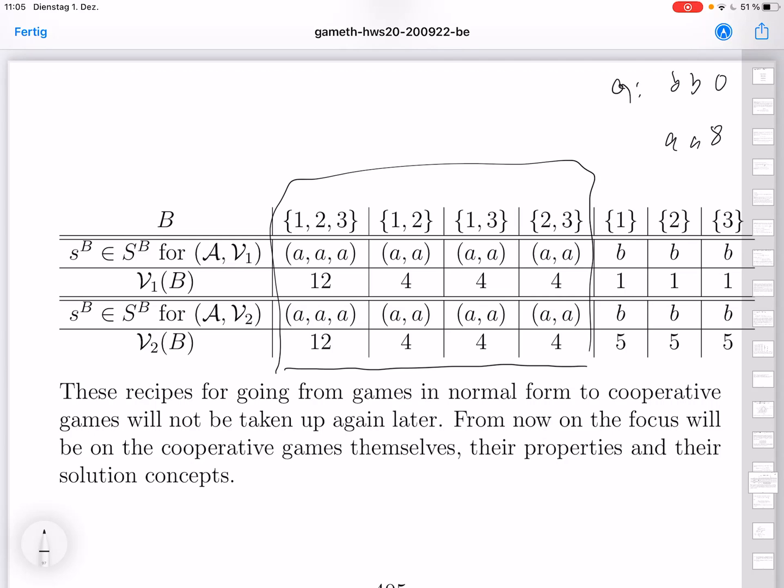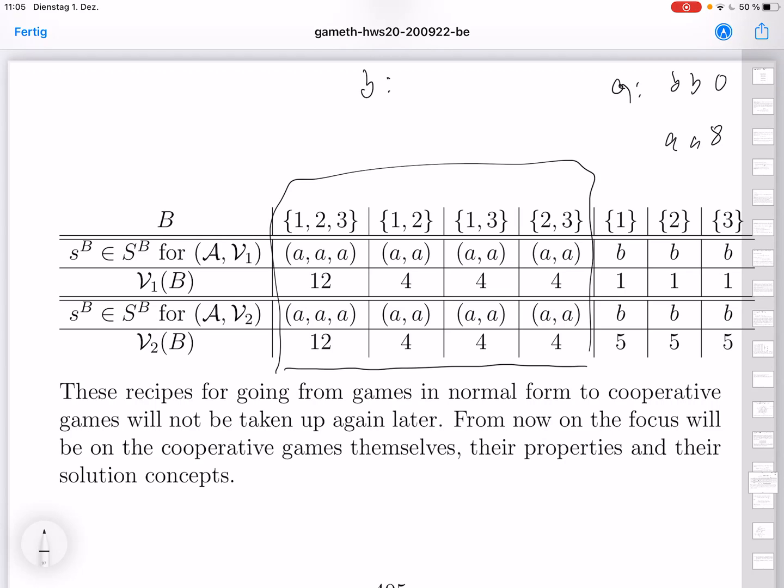Now if player 1 chooses B, then they again have the choice between AA, AB, BA, and BB. If they choose AA, he gets 5 and they get 4. If they choose AB or BA, he gets 3 and they get 3.